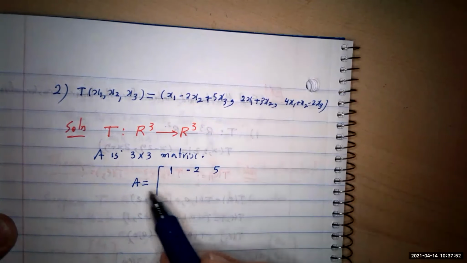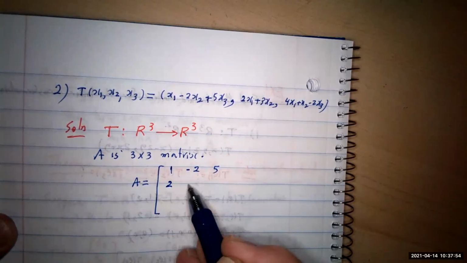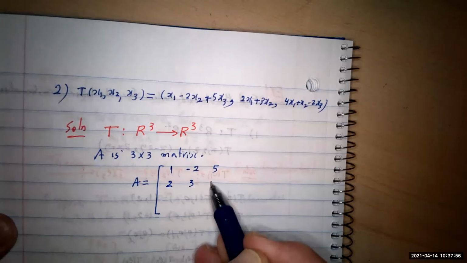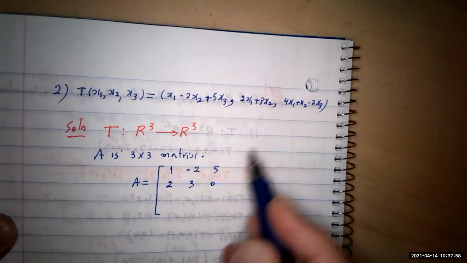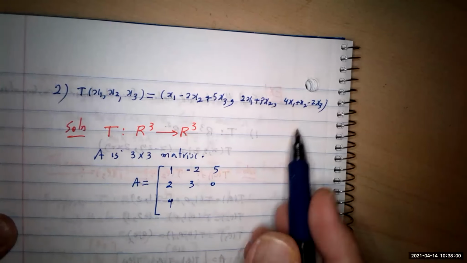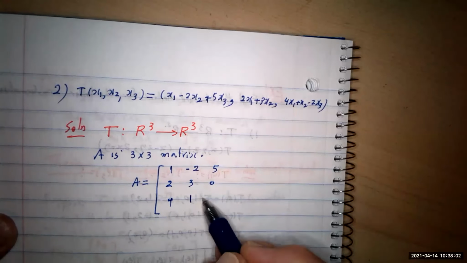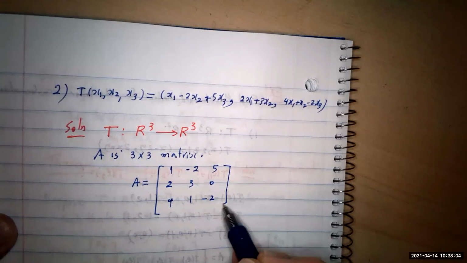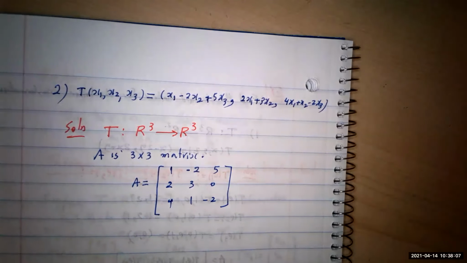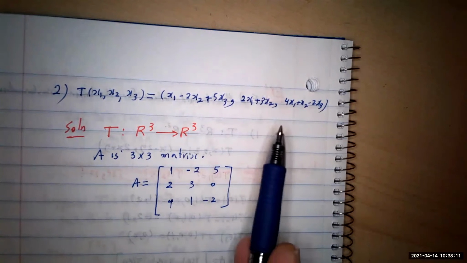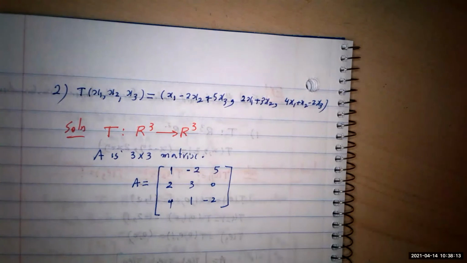Over here it's going to be 2. There is no x3, so it's going to be 0. And over here it's going to be 4, 1, and -2. So that's the short form. Otherwise, you have to find T of e1, T of e2, T of e3 and put them together. But we would like to get this right away.